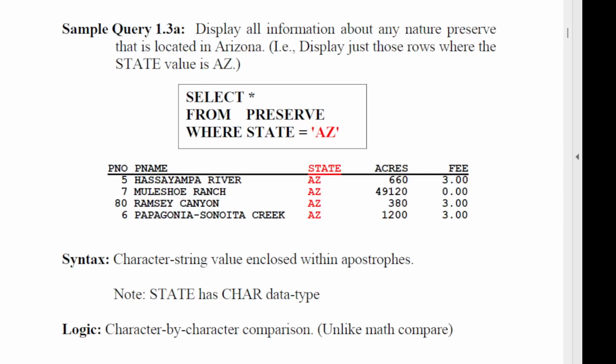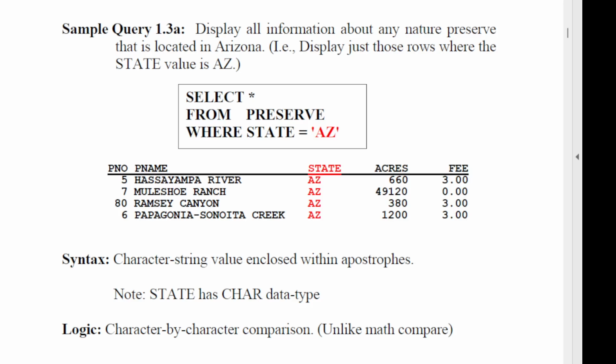All right, let's do another compare. This time the compare is on a character string. The query objective: display all information about any nature preserve that's located in Arizona, which really means display the rows where the state value is equal to AZ. So select star gives us all columns again from the preserve table.